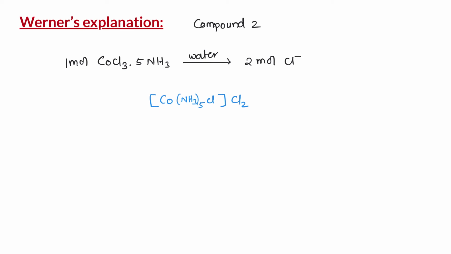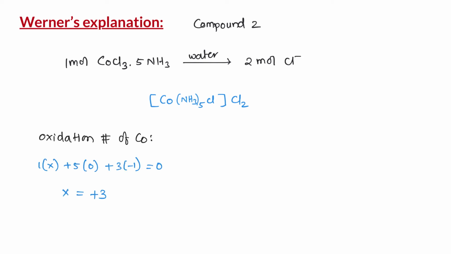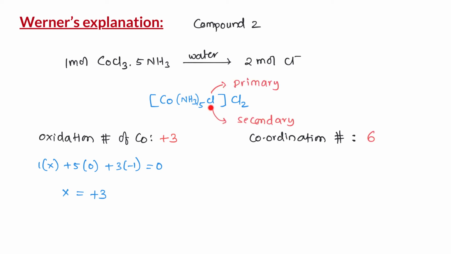The oxidation number of cobalt can be calculated like we did before, and it is the same as before, that is +3. Note that the secondary valence or coordination number is still 6. The chlorine inside the square bracket acts both as a primary valence and secondary valence. Secondary valence because it is inside the square bracket, and primary valence because it is negatively charged and therefore it is increasing the oxidation number of cobalt.